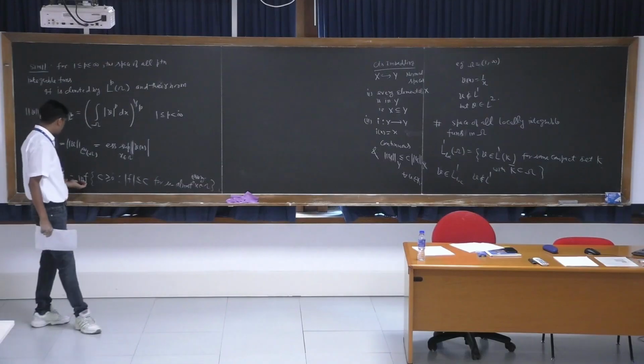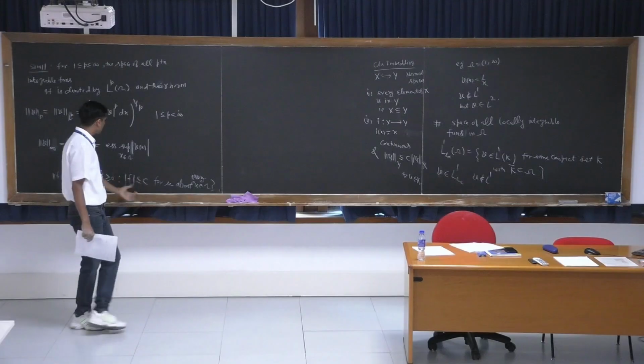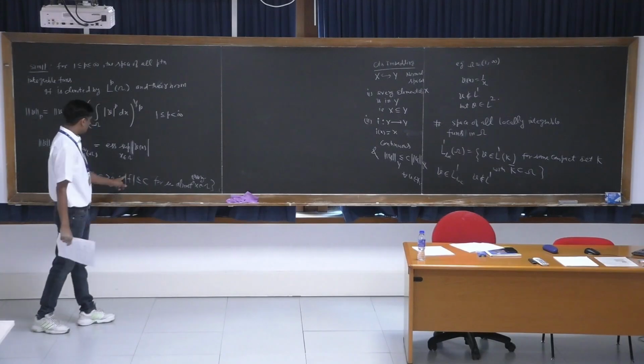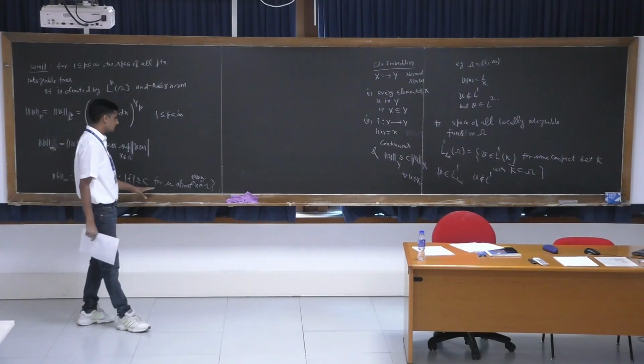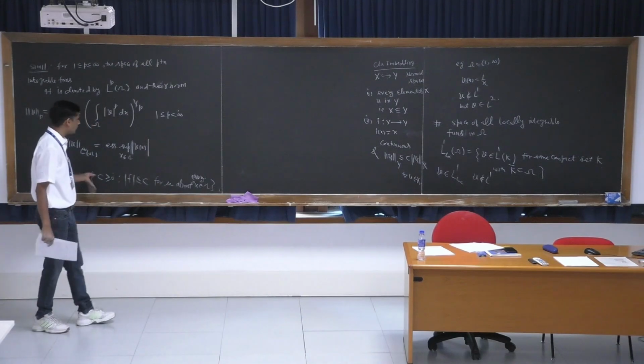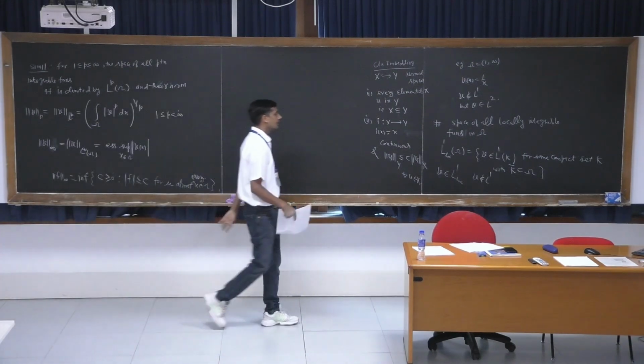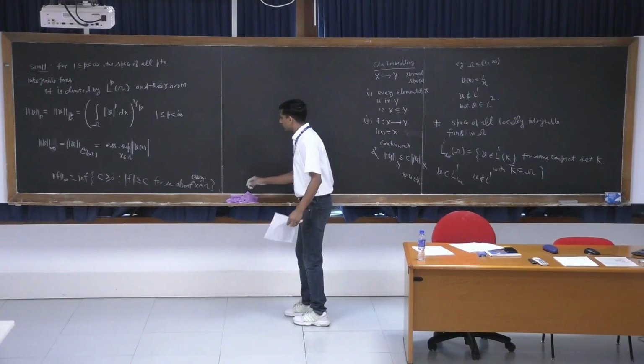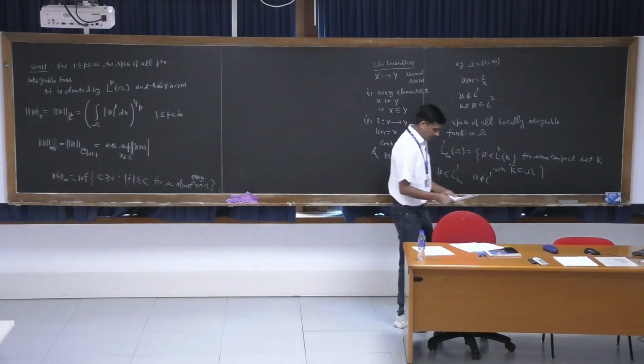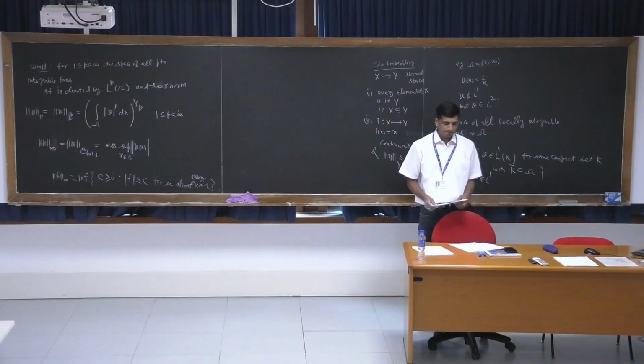Means that you just have to take the infimum of all c's which bound it. If f is bounded by c's, you have to take the infimum of all these c's, and that is the essential norm. Okay, so these are some L^p spaces.